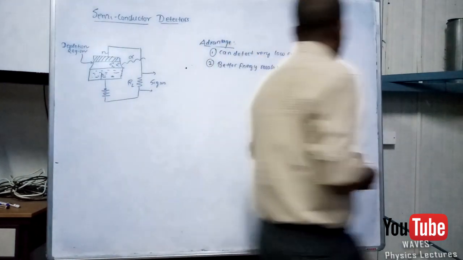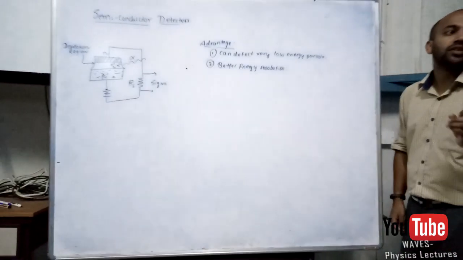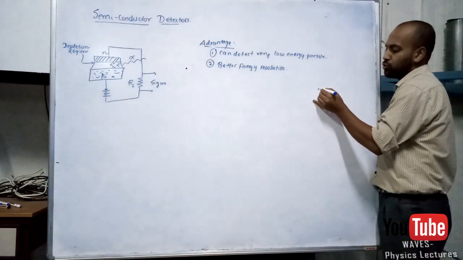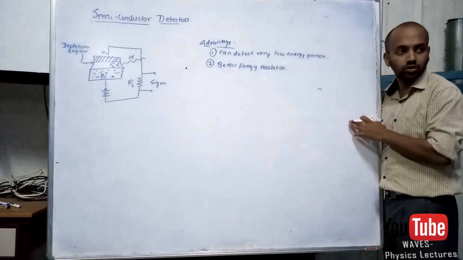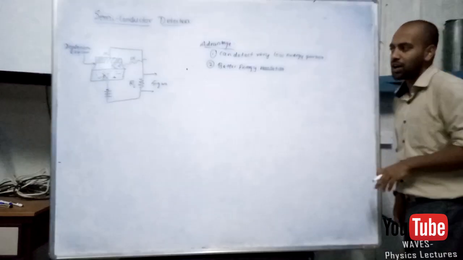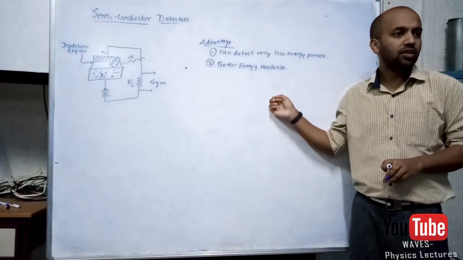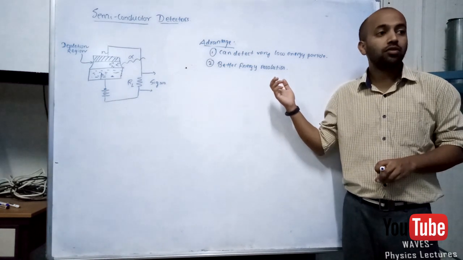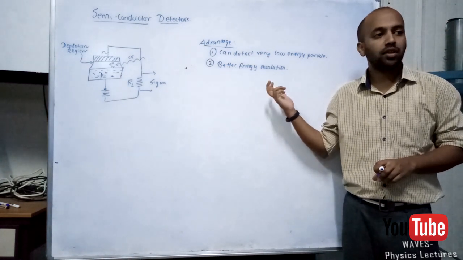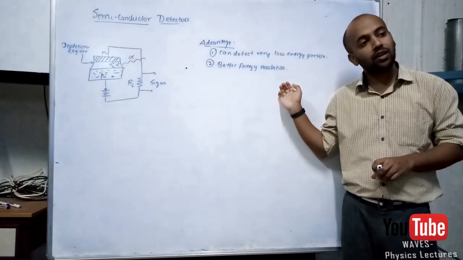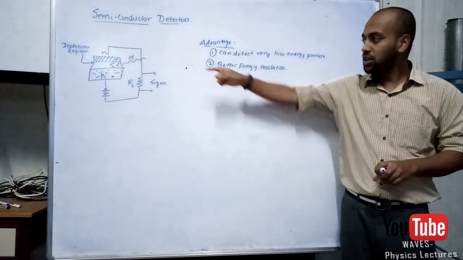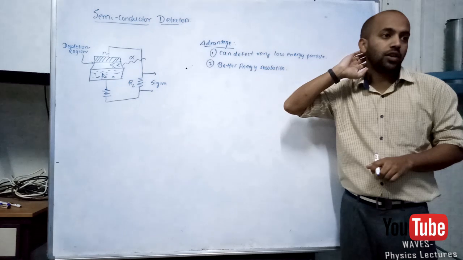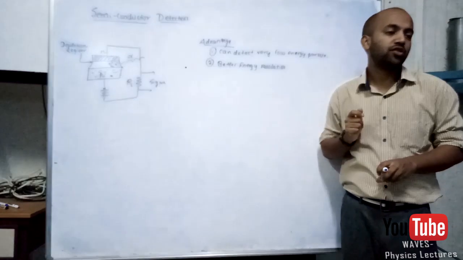In general, resolution is how well it is able to distinguish between 2 points which lie very close to each other. You might have an alpha particle of 3 MeV, and an alpha particle of 3.1 MeV. Using these detectors, can I know the energy of each of these alpha particles? If I can, it has a very good energy resolution.